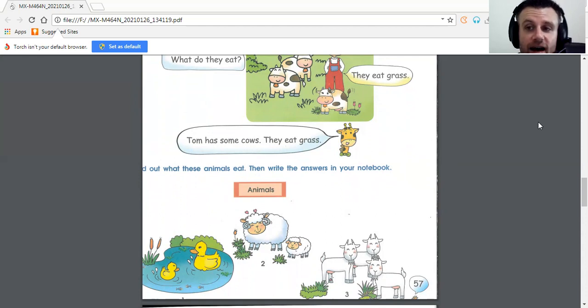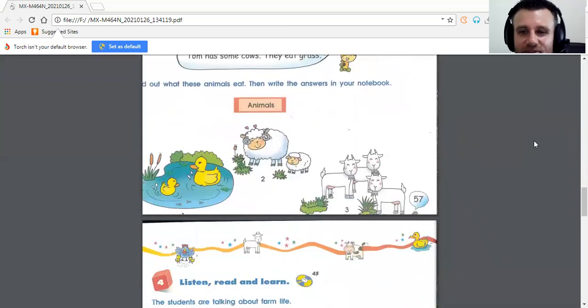There are a sheep and a lamb. The sheep and the baby is a lamb. And after, there are three goats.